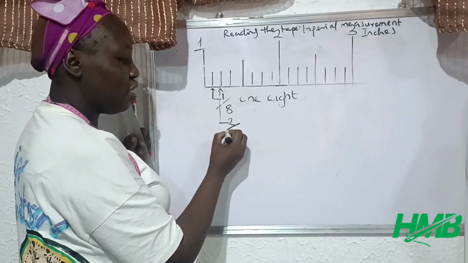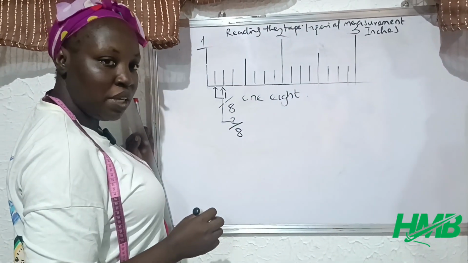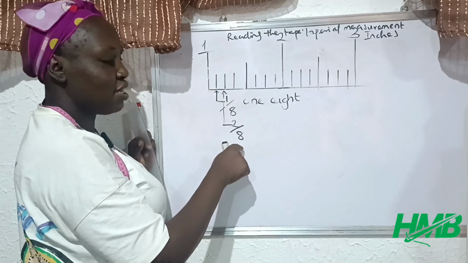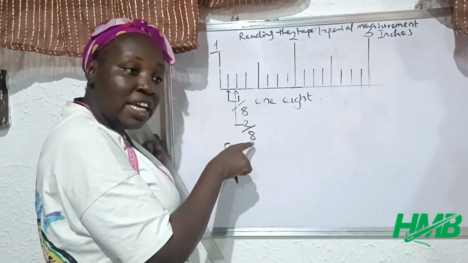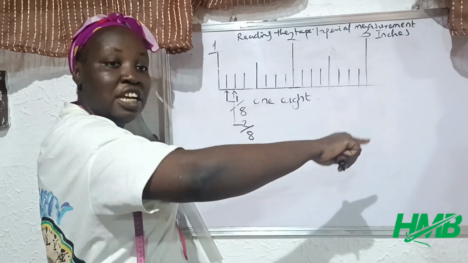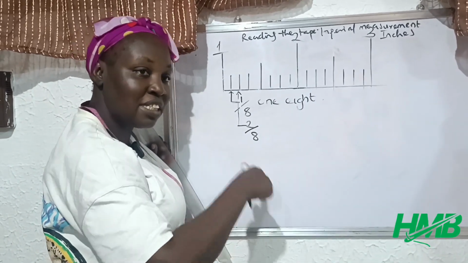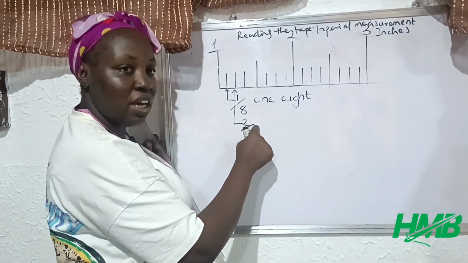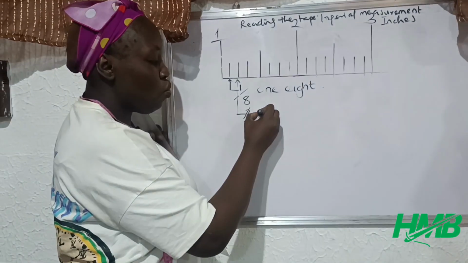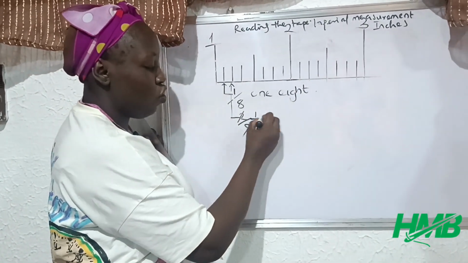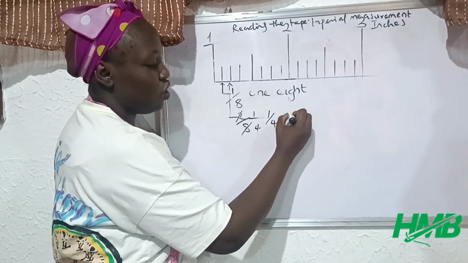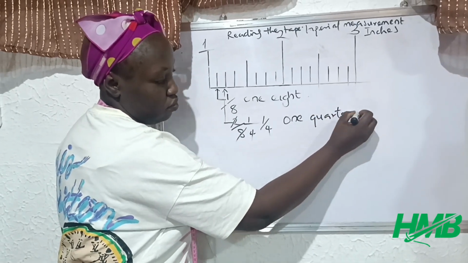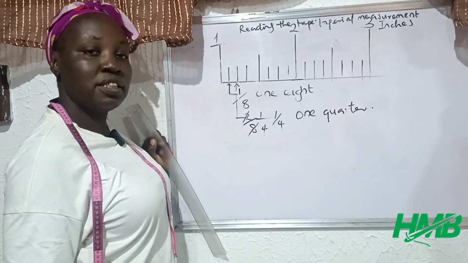So 2 over 8. We cannot leave this as 2 over 8 because there's still a lowest division. You can still divide it to the lowest number. So what is the lowest number you can divide it to? This can go 1, this will go 4. That is 1 over 4. That is what? 1/4. Exactly. Yes.